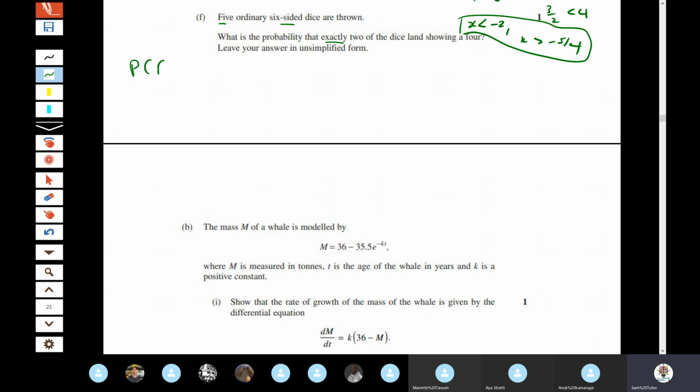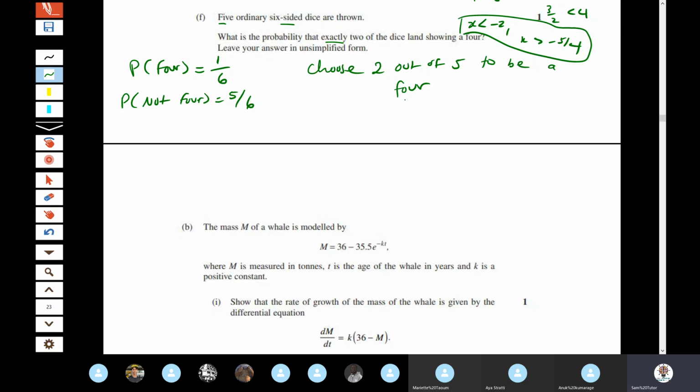So what's the probability of getting a 4? 1 on 6. What's the probability of not getting a 4? And you want only 2 of those out of the 5. You want to choose 2 out of 5 to be a 4.